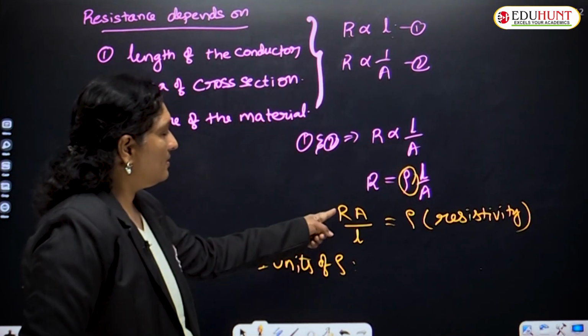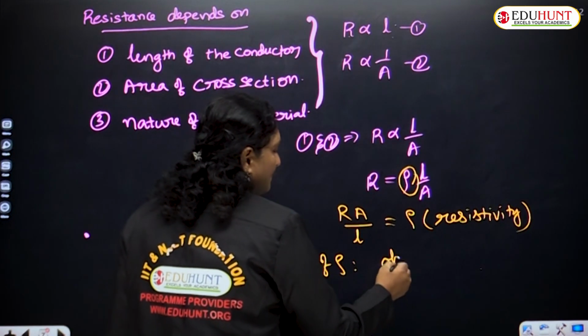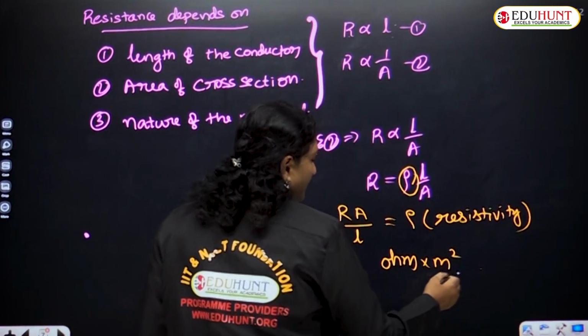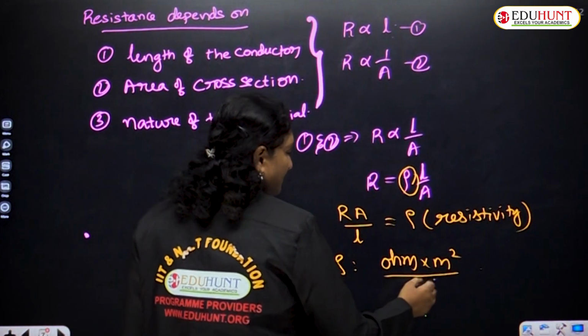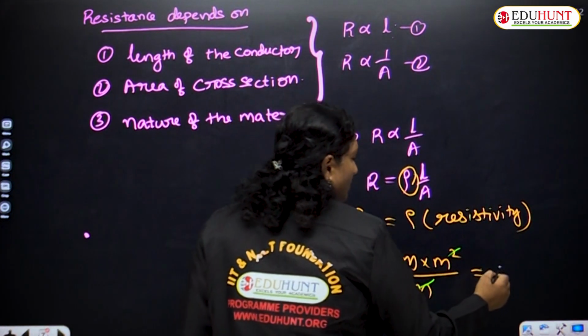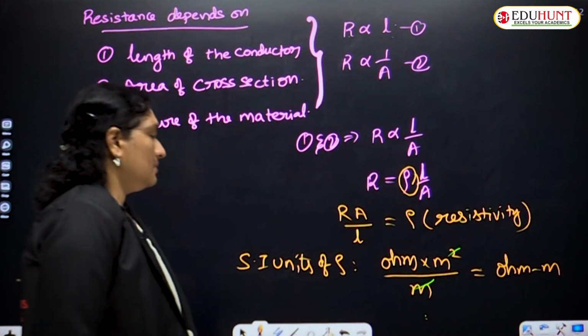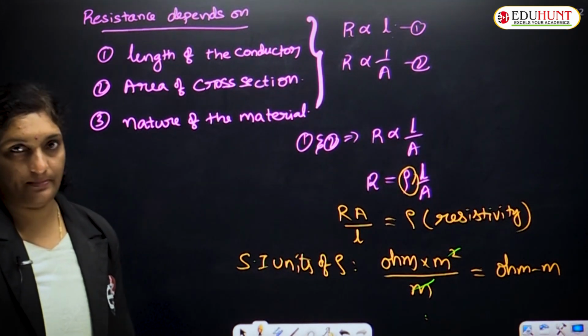We know that the unit of resistance in the SI system is ohm, area is meter square, and length is meter. So, further simplification gives ohm meter. So, the SI unit of resistivity is ohm meter.